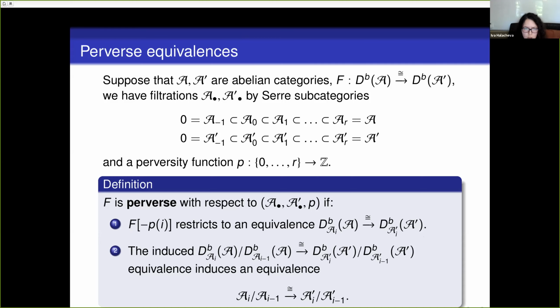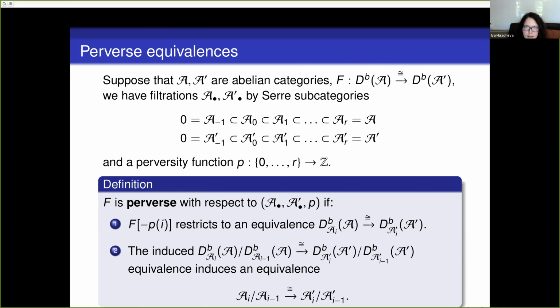So maybe a more intuitive way to think about it, and it might make it better or worse to understand, is this: suppose we have an equivalence on triangulated categories, which in this case is what these bounded derived categories are. And suppose that both of them are filtered by fixed subcategories, and that this equivalence is compatible with the filtration.